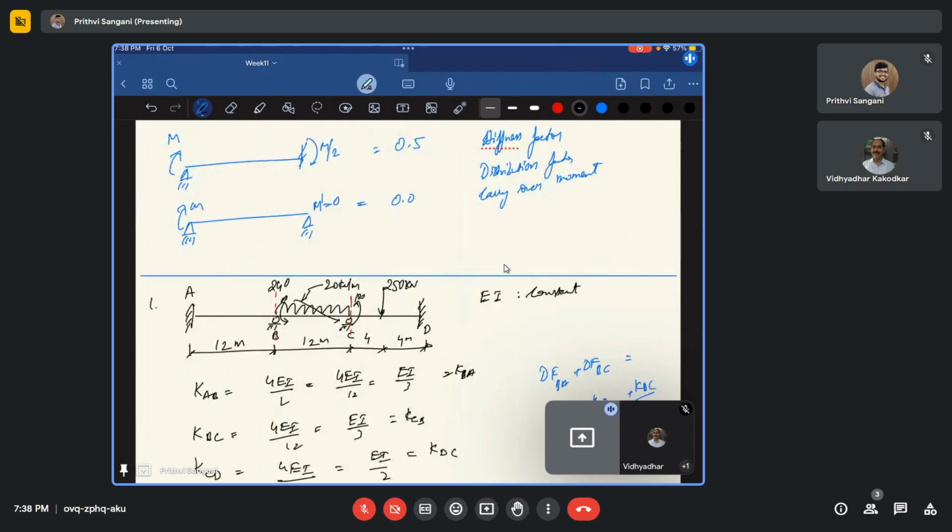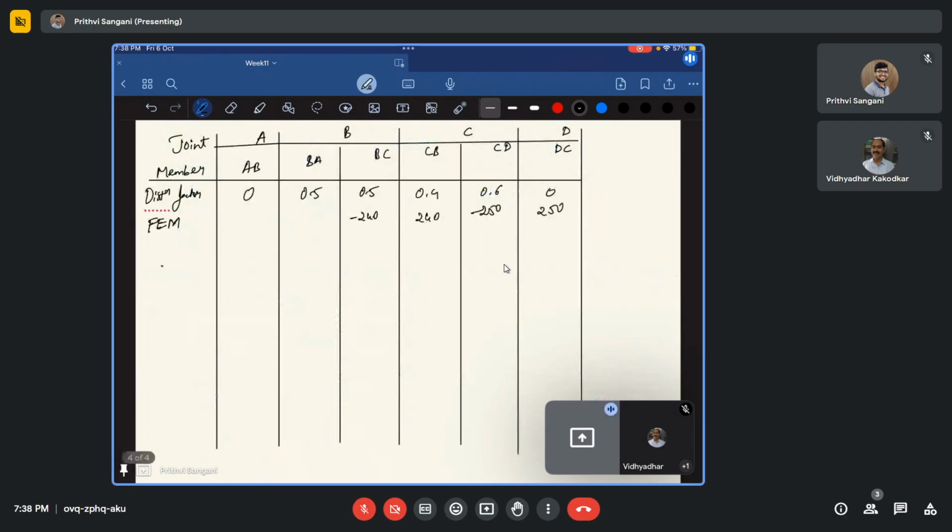That means the minus 240 we are applying at the joint, if you apply at the joint, the same moment should be divided between BC and BA, and in what proportions? In proportions of distribution factors. So right now it is minus 240, then you should have an equal and opposing force of plus. So what is my distribution? The distributing moments.